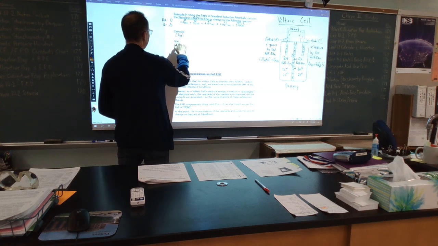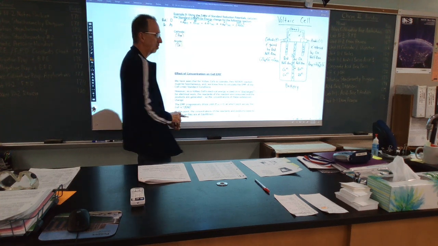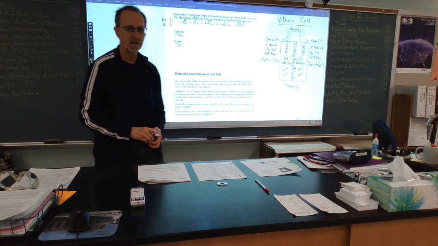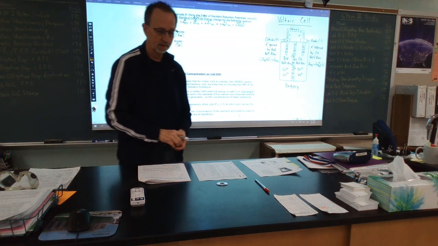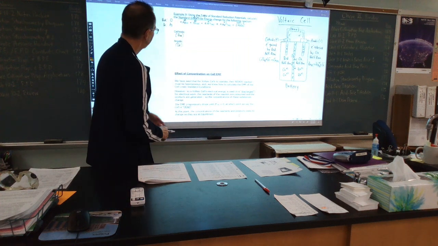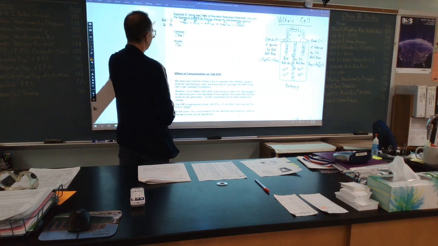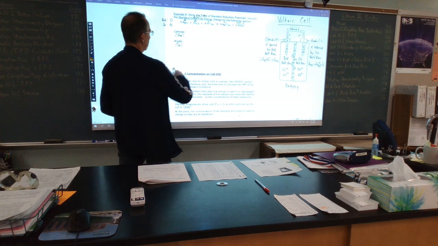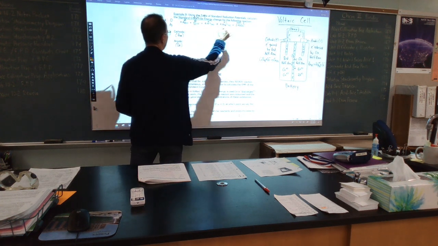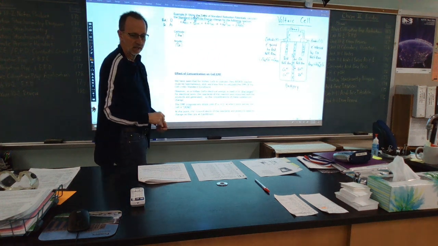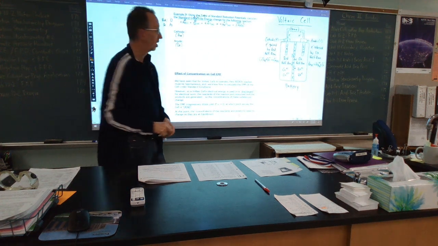So when we set up our half reactions, remember our cathode half reaction is reduction. Our oxidation half reaction occurs at the anode. So in looking at that, we can see that oxygen got reduced. So we are going to make sure we utilize a half reaction that involves oxygen.